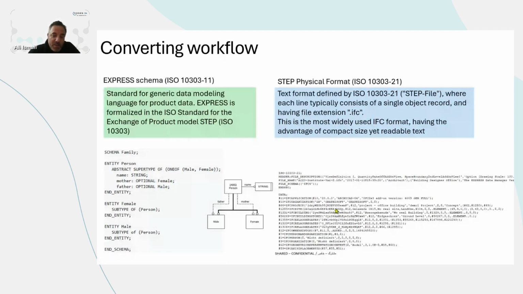Every line starts with the STEP ID or IFC ID, like the entity ID, then the class name, then a set of properties or attributes of that entity, and a lot of entities refer to other entities. So there is a lot of interlinking inside the IFC model, which makes reading it without any processing or parsing very difficult for a human being.